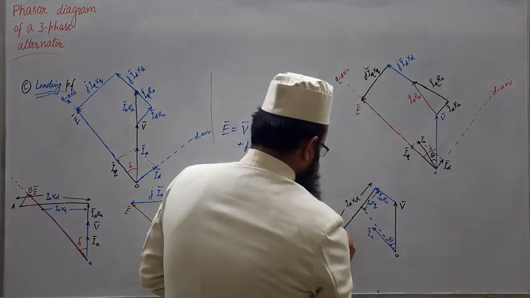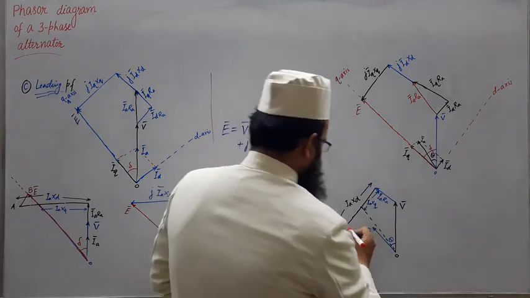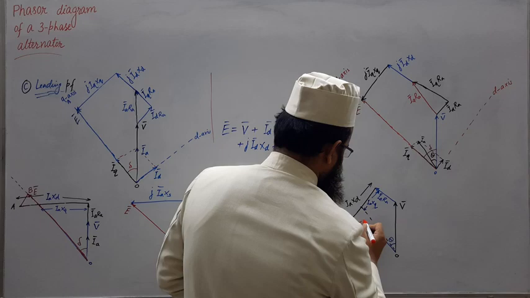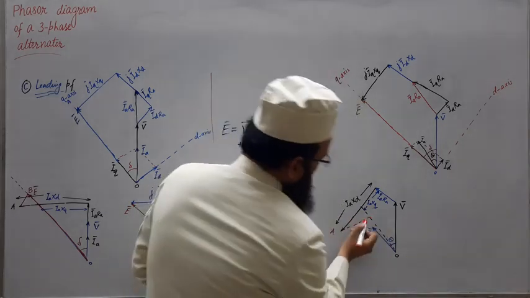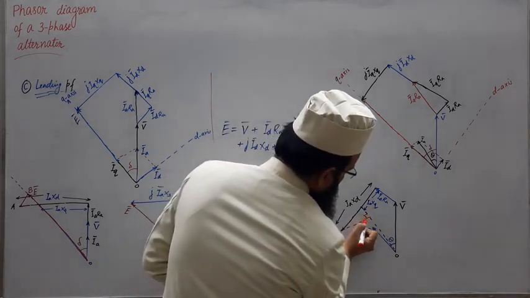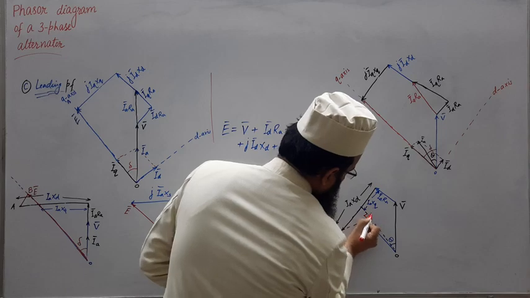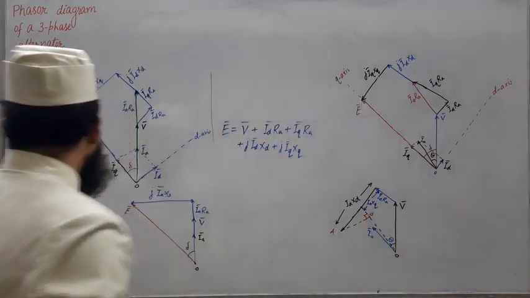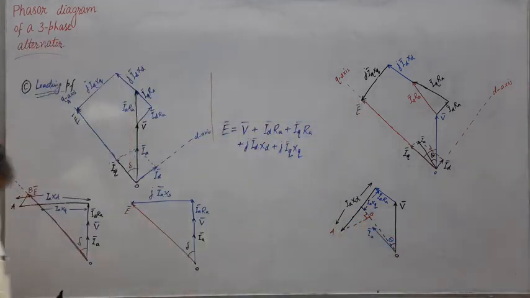Now from this point, let us say this is point A, draw a perpendicular, same procedure on this. So let us take this perpendicular as this, and this is our B point where we have drawn the perpendicular.